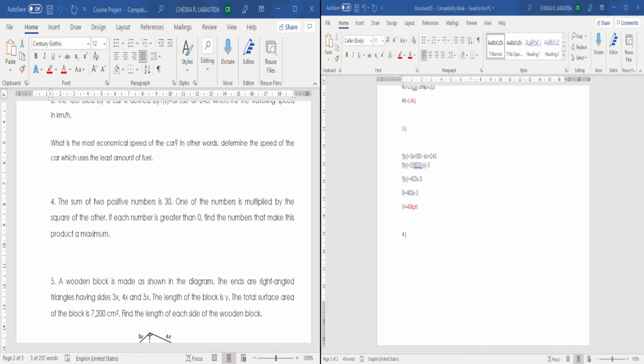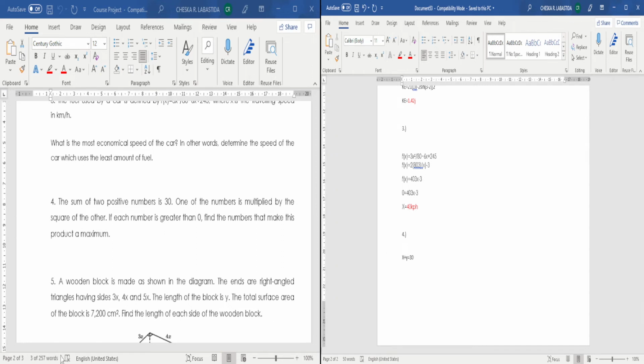So right now we let x be the first positive number and y be the second positive number, so x plus y is equal to 30.